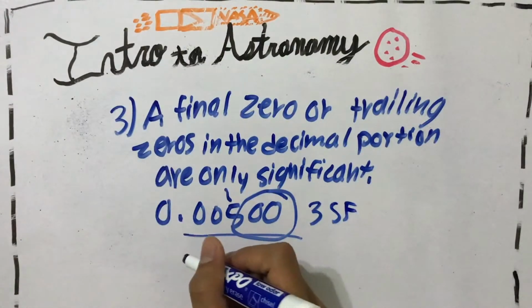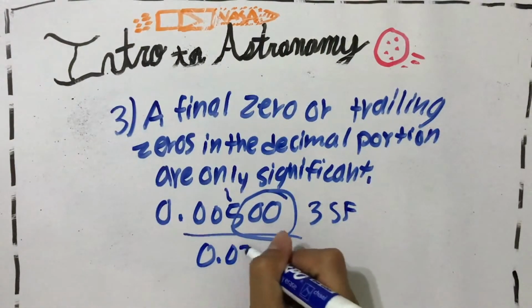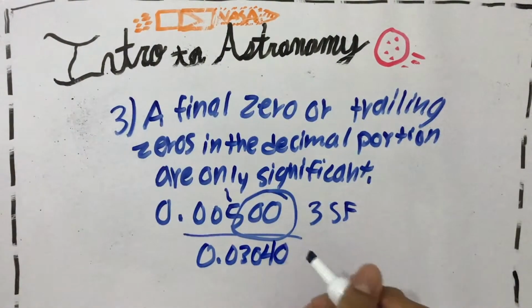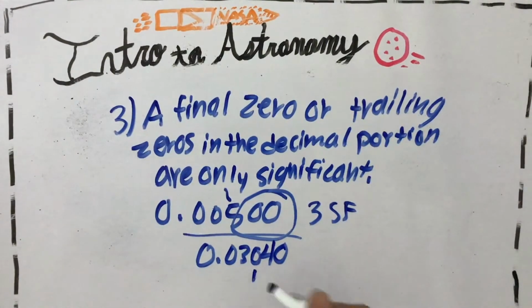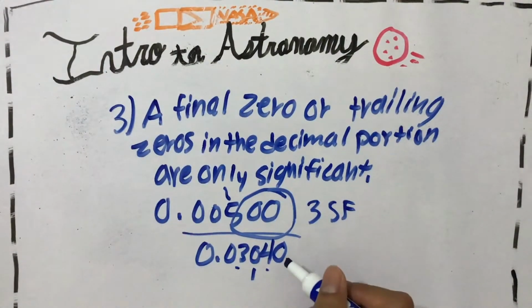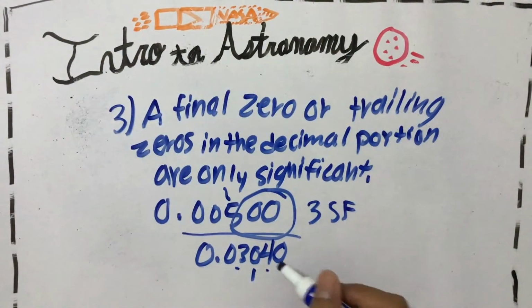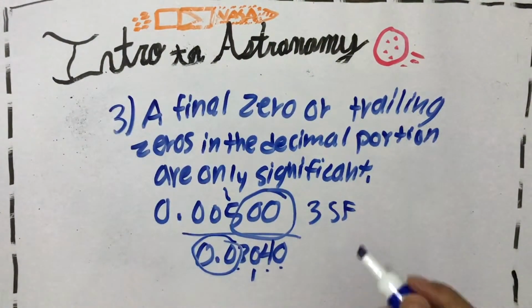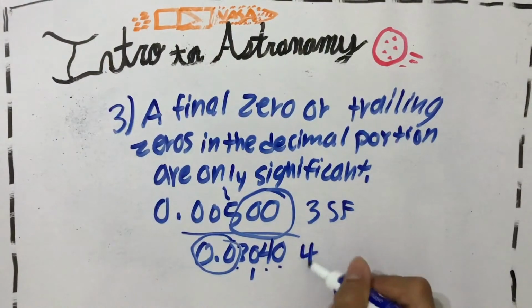And if we do another example such as 0.03040, we would count the 0 in here because it's between these 2 significant digits, and we would also count the 0 because it's after the sig fig, but not the 2 zeros here. So we would say this has 4 sig figs.